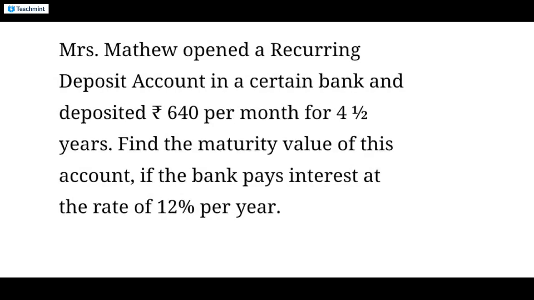Mrs. Matthew opened a recurring deposit account in a certain bank and deposited 640 rupees per month for 4.5 years. You have to find the maturity value of this account if the bank pays interest at the rate of 12% per year. Everything is just the same, but the only thing is here the time period, the year, is given in a mixed fraction.